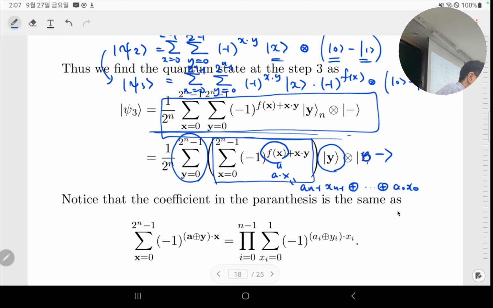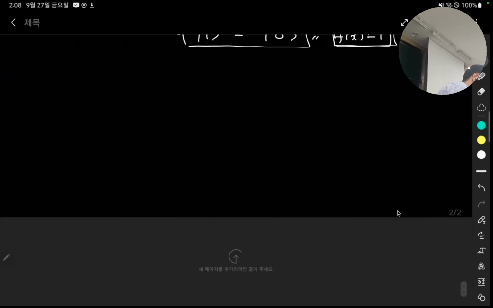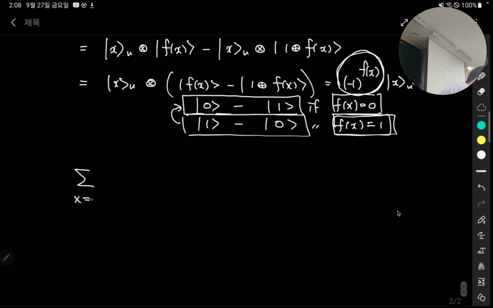So I'm going to plug that in here. I think I need to explain more steps here so it doesn't go directly from here to here. What I'm trying to say is I want to rewrite this part as this part, but there should be more explanation. So let me write it here. I need to write the sum over x from 0 to 2 to the n minus 1, f of x plus x times y, in a different form.